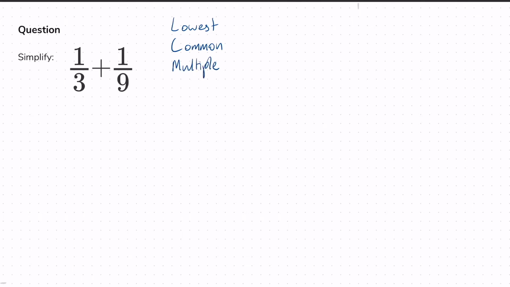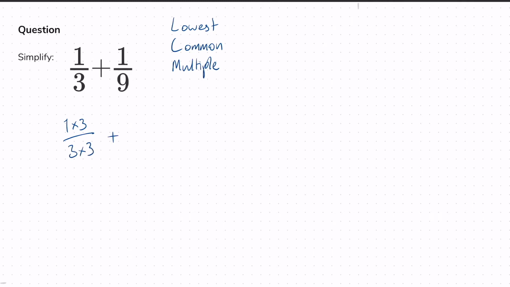And you don't have to use the lowest common multiple, you can use any common multiple, but the lowest just makes it a little bit simpler and we don't have to simplify it later. So what I could just do is 3 times 9, right? That'll give me a common multiple. But I recognize that actually 3 goes into 9 3 times, right? 3 times 3 is 9. And if I do it to the bottom, I have to do it to the top as well.